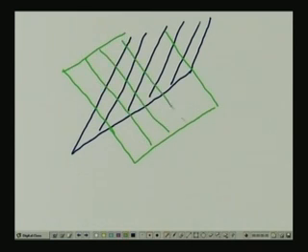So, these are the two joint sets that we are dealing with in this particular problem, but here the tunnel is moving, rather than being parallel to the strike of the joints, perpendicular. In this case, the problem of rockfall is going to be much more limited.